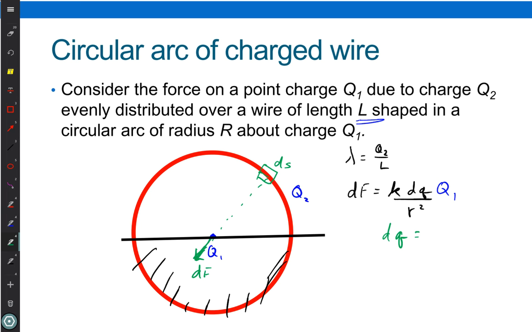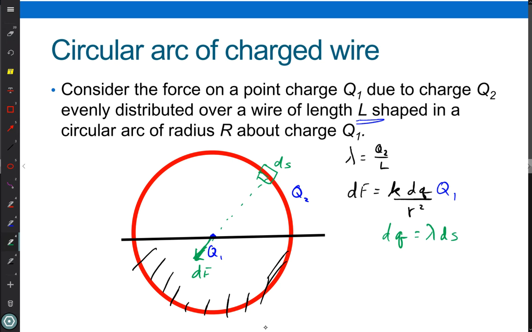It doesn't have a thickness, at least as far as we know. I know the picture looks a little thick, but it has no known thickness. So it's just a linear distribution. It's a one-dimensional problem, but it's not a straight line. So that's going to be lambda ds. We have lambda up there, Q2 over L. I'm going to leave it as lambda right now because that's easier for me.